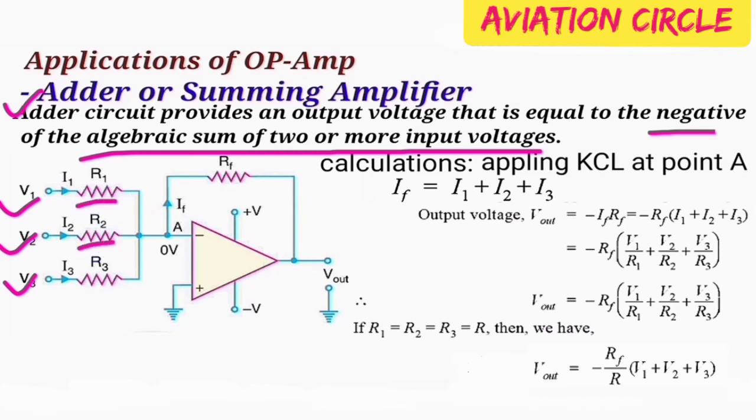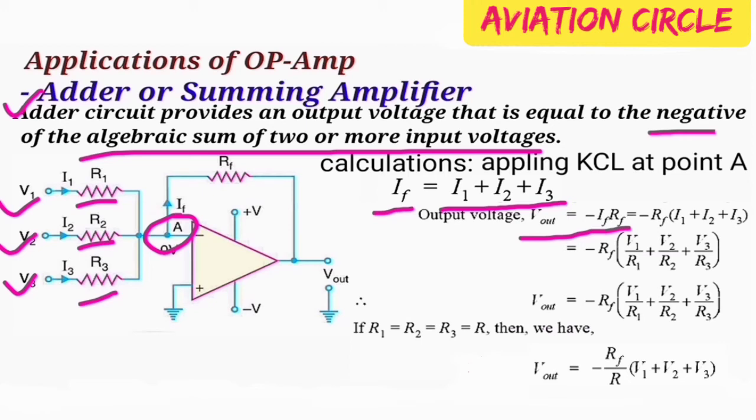Then calculation comes by applying KCL, Kirchhoff's current law, at point A. Then total current IF equals I1 plus I2 plus I3, and the output voltage V output is equal to minus IF into RF. Here the minus sign shows the phase reversal.